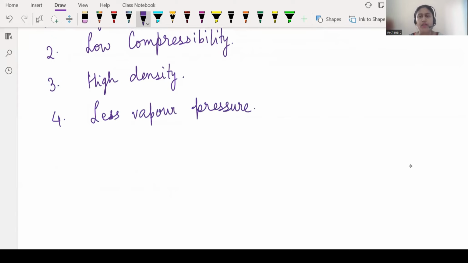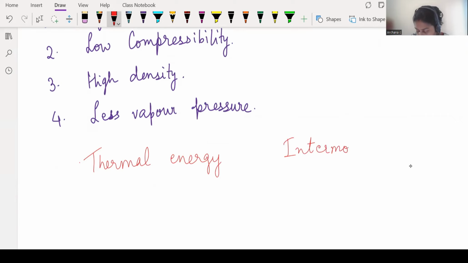So basically solid, liquid and gases are the various phases which can be distinguished on the basis of their thermal energy. That is one thing. And second is intermolecular forces. So let us move on to the broad classification of solid.